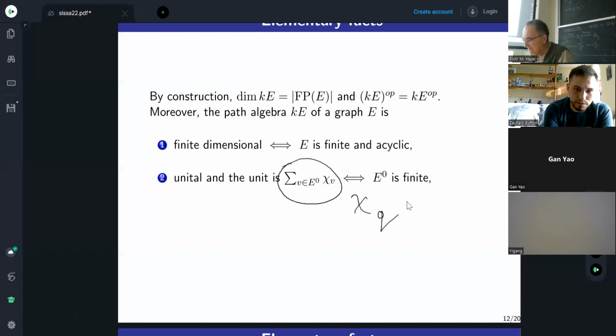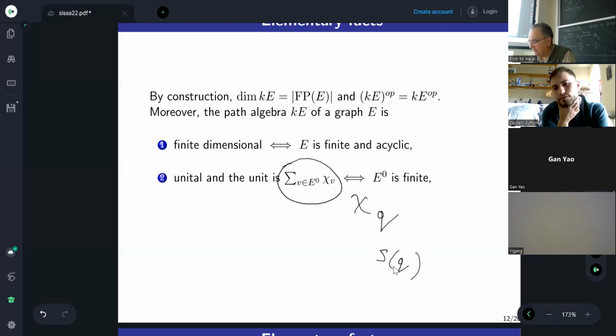Okay, so look what happens. Obviously, q is a path. Aha. So it has its beginning, right? So if I look at the set of all vertices, well, then s(q) must be in E0. So there will be one element which will be precisely chi s(q). And chi s(q) times chi q is obviously chi q, because I have a path which is a vertex, and I have a path which starts there.